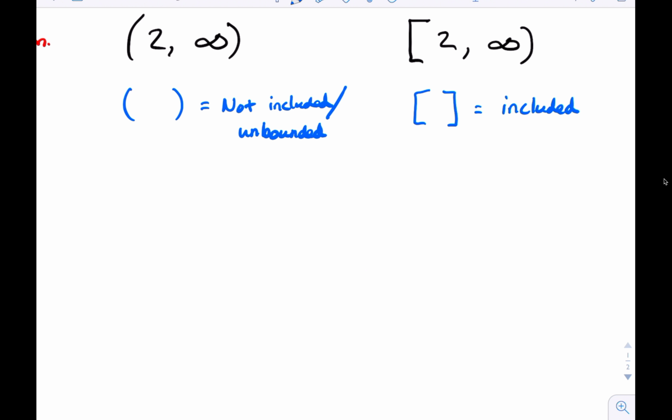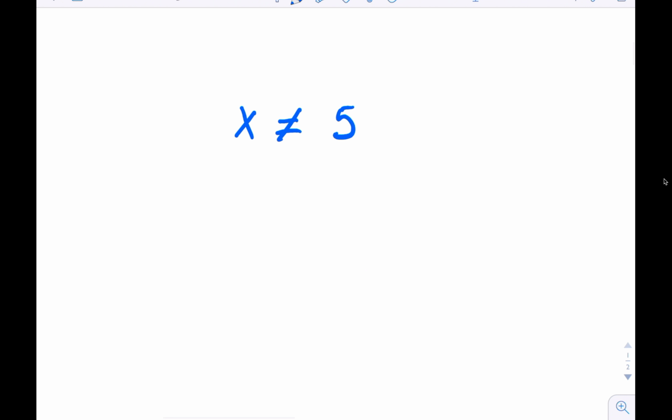All right, and then another one that you might see a lot is if, say for example, I can't use a particular number, so x can't be 5. When I write in interval notation, you always want to start from left to right.